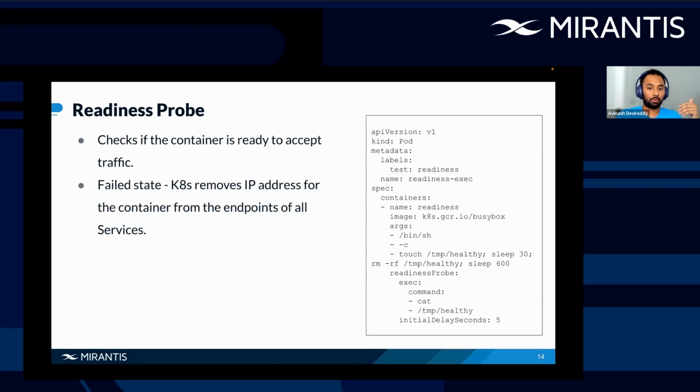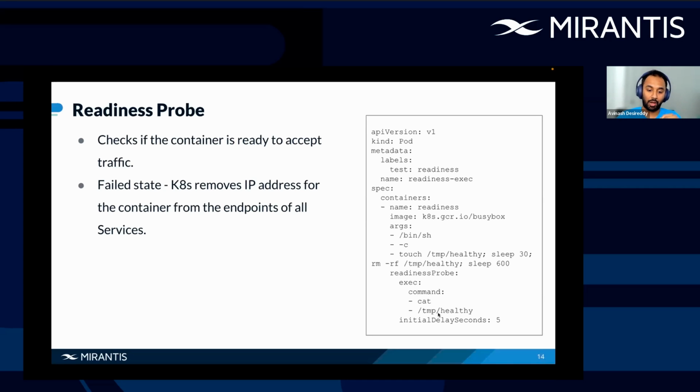Readiness probes are configured similarly to the liveness probe, where in this particular snippet we are using the exec probe. In the liveness probe, we used the HTTP get mechanism, but in this case we are using the exec mechanism. It will look for the file /tmp/healthy.